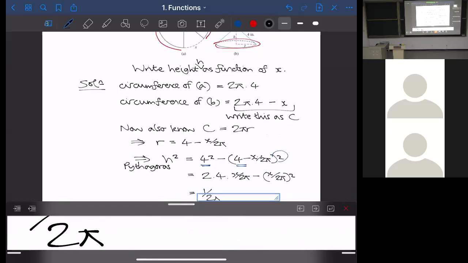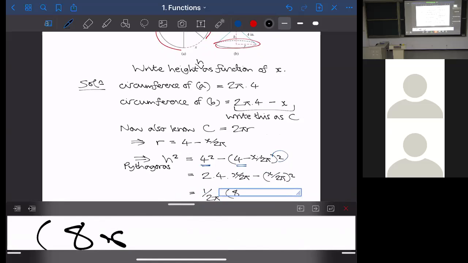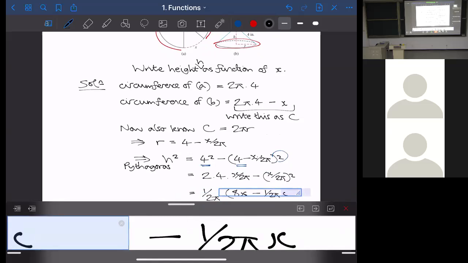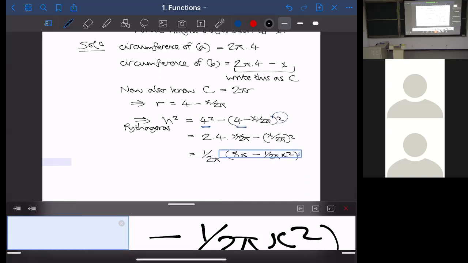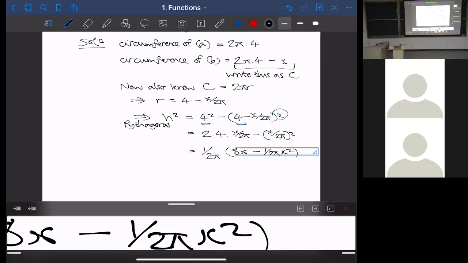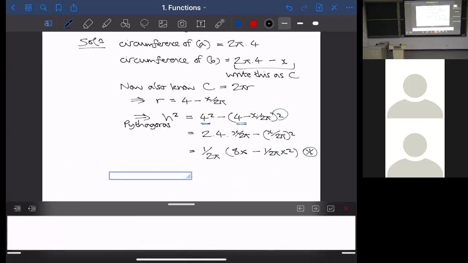And I'm going to take out 1 over 2 pi from this and get 8x minus 1 over 2 pi x squared. So again, let's write that as star.